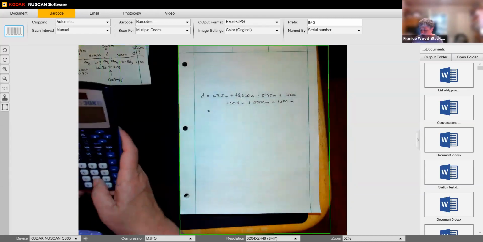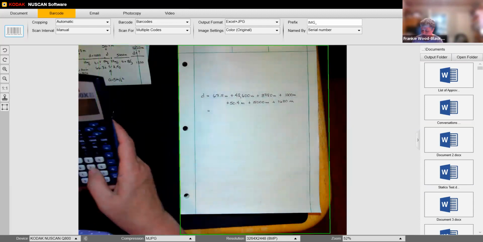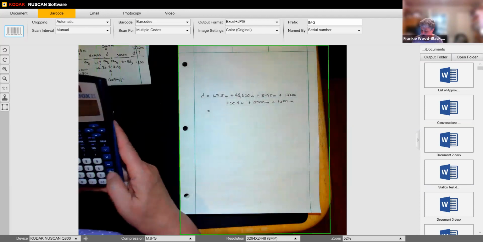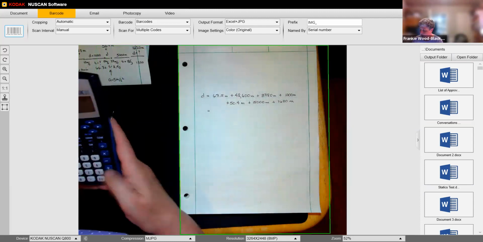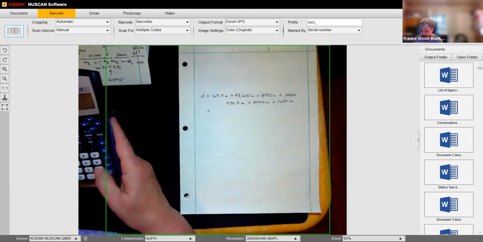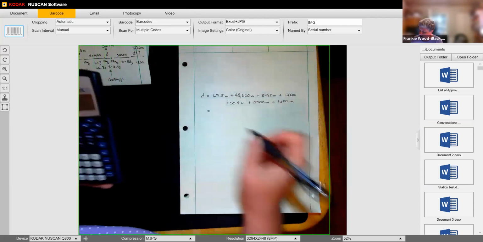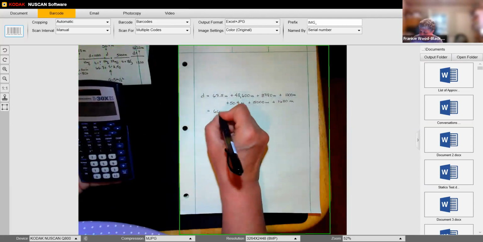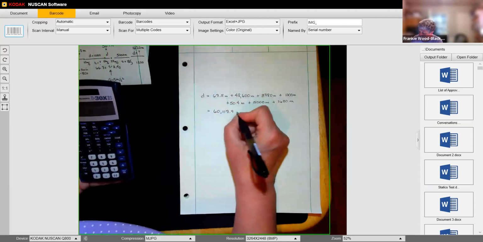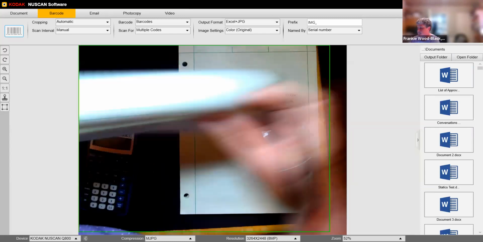So I got 1,620 plus 5,000 plus 50.4 plus 1,000 plus 3,780 plus 48,600 plus 67.5. If I've got all those numbers added up correctly, I get 6,117.9 meters.